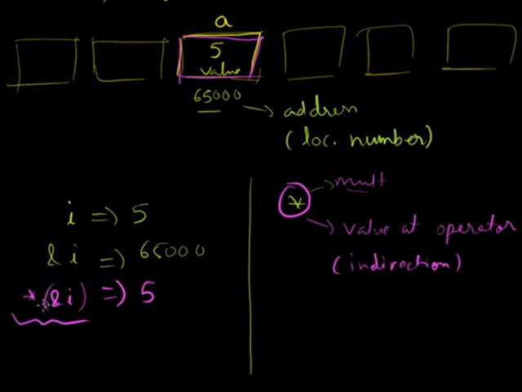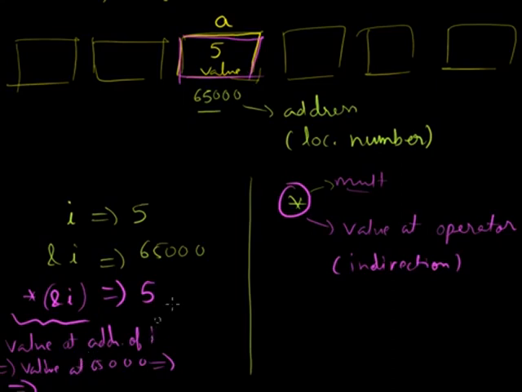This star means value at, and this is the address. So this is value at address of I. The address of I is 65,000 in this case, so we would get the value at 65,000, which is nothing but 5.